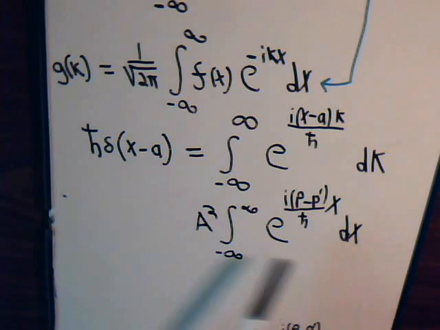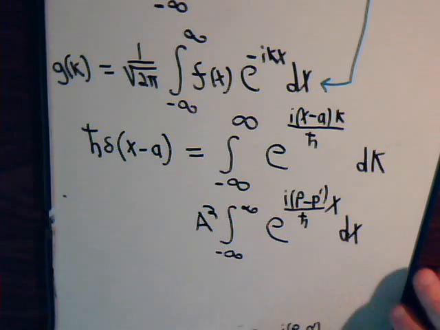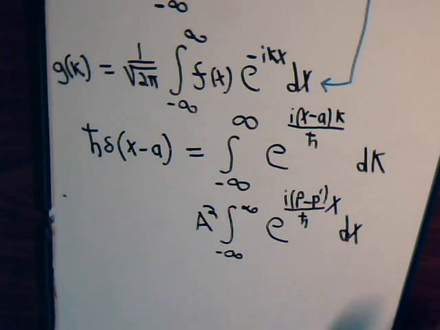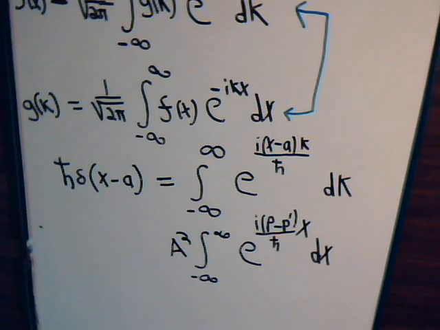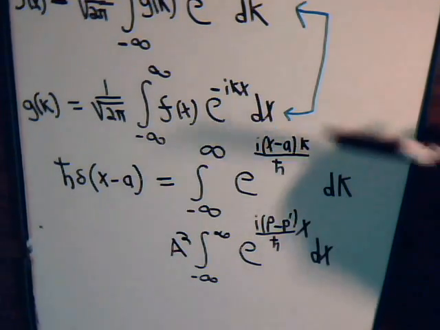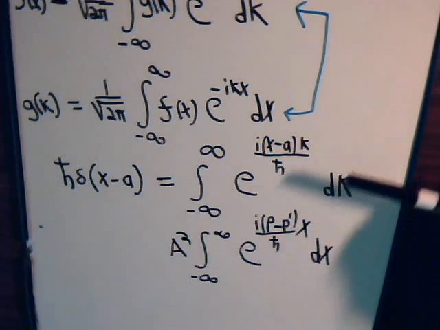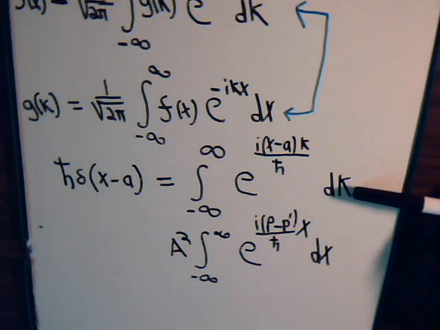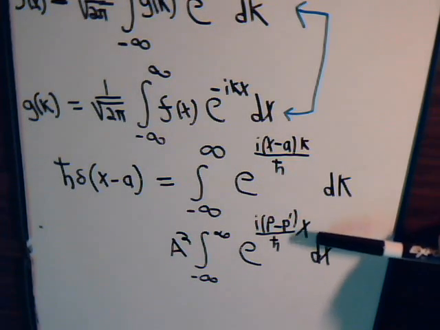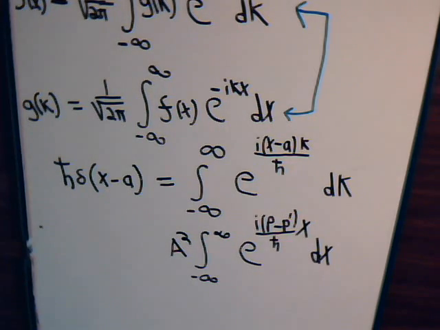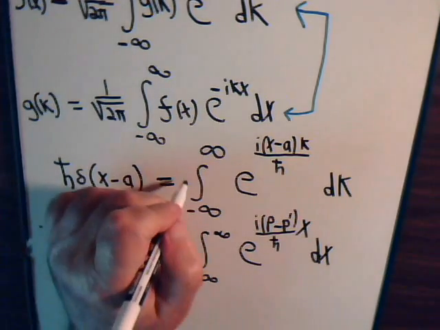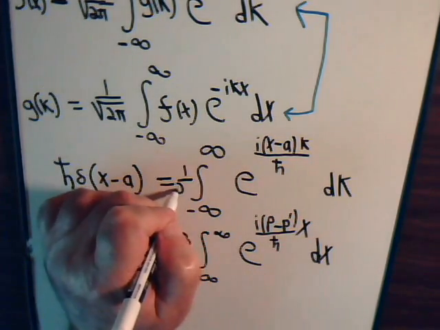And that is the inner product of two different momentum operator eigenfunctions. Okay, let's compare these two integrals now. Here we have e to the i (x minus a) over h bar k dk. Here we have x dx, and we have here i and h bar. So very similar, except we have a mistake here. This should be 1 over 2 pi.